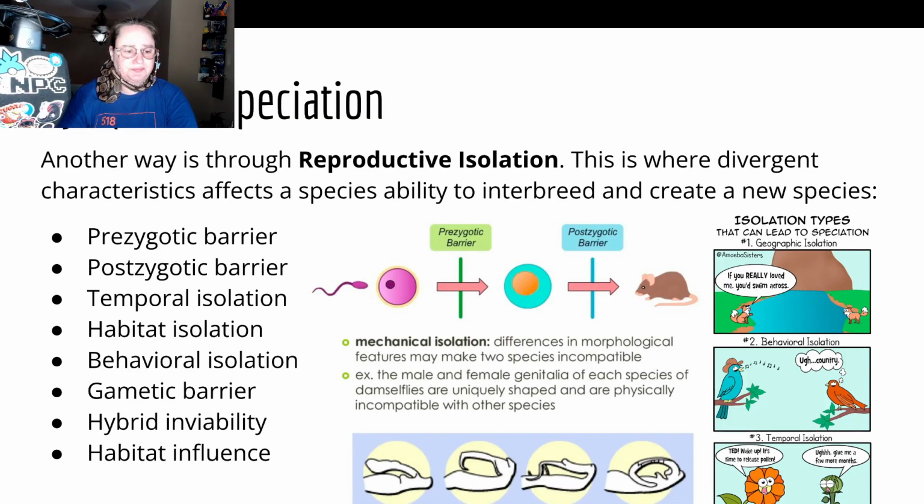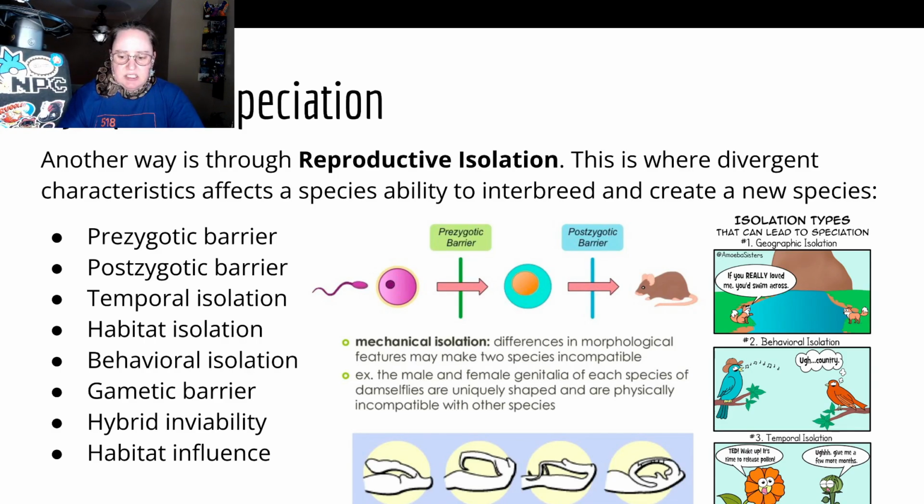Anyway. And that brings us to another way, and this is usually where all us animals start doing this, is reproductive isolation. This is where divergent characteristics keep a species from interbreeding and create a new species. So there's different types of isolation.